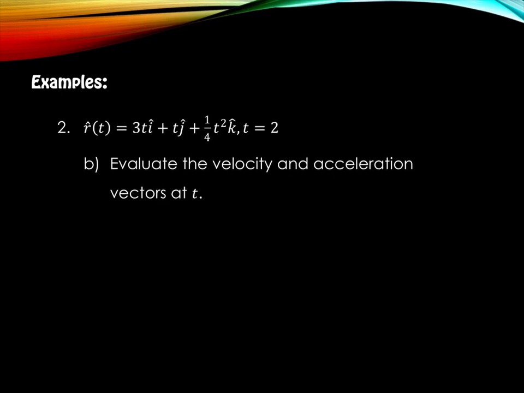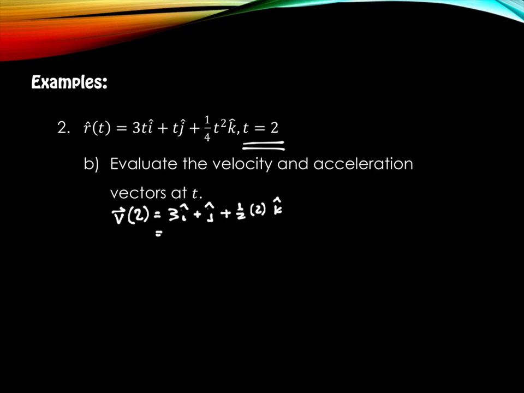Okay, so now it wants us to take the velocity and acceleration vectors and evaluate them at t. So t is equal to 2 up here, so we don't have to actually search for it this time. But we're finding the velocity at 2. So the 3 stays, right? It's just a constant for the coefficients of i and j. But for the coefficient of k, it's different. So k has 1/2 t, so it's 1/2 times 2k.